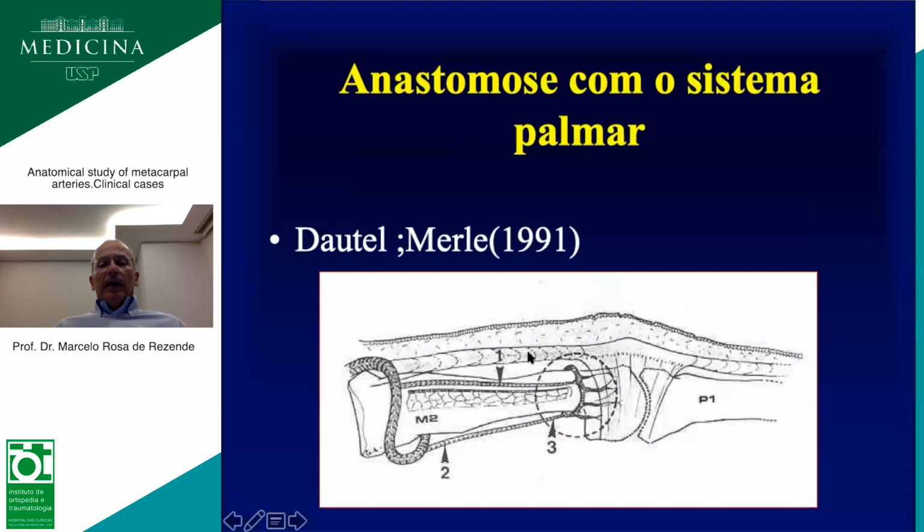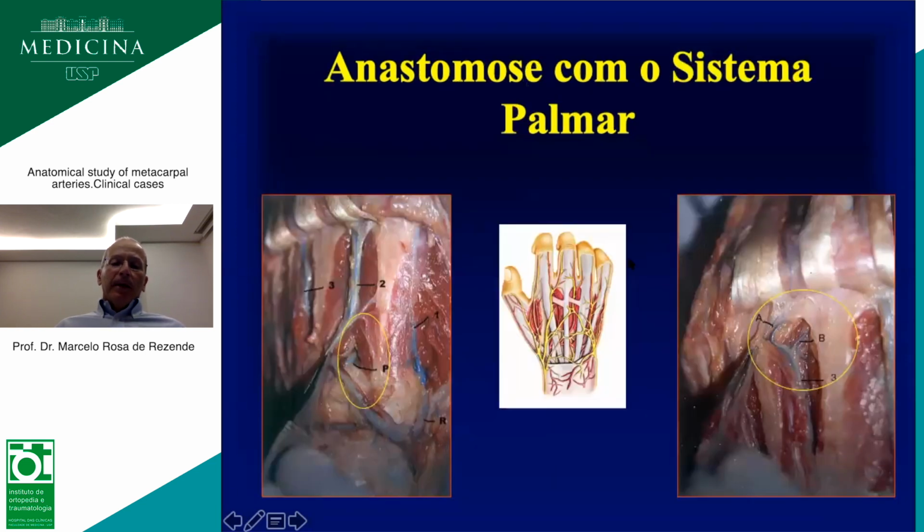Here is a schematic representation of the proximal and the distal anastomosis between the dorsal system, the metacarpal arteries, with the volar arterial system, described by Dautel and Merle. Here is a representation of the proximal anastomosis of the second metacarpal artery and the distal anastomosis between the second metacarpal artery and the palmar system.